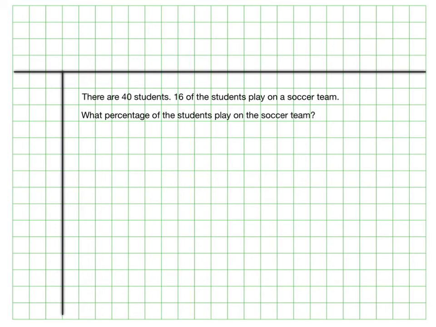Here's another example. There are 40 students, and 16 of the students play on a soccer team. The question you would have to figure out is what percentage of the students play on the soccer team. So again, the double number line can help here, or you could set up equivalent ratios in proportion form to figure out how many it would be if we made it an equivalent ratio out of 100.